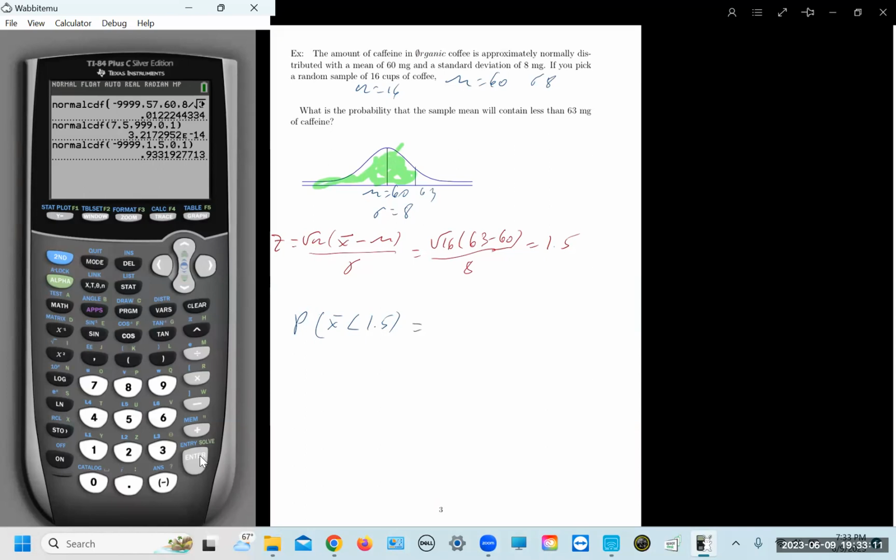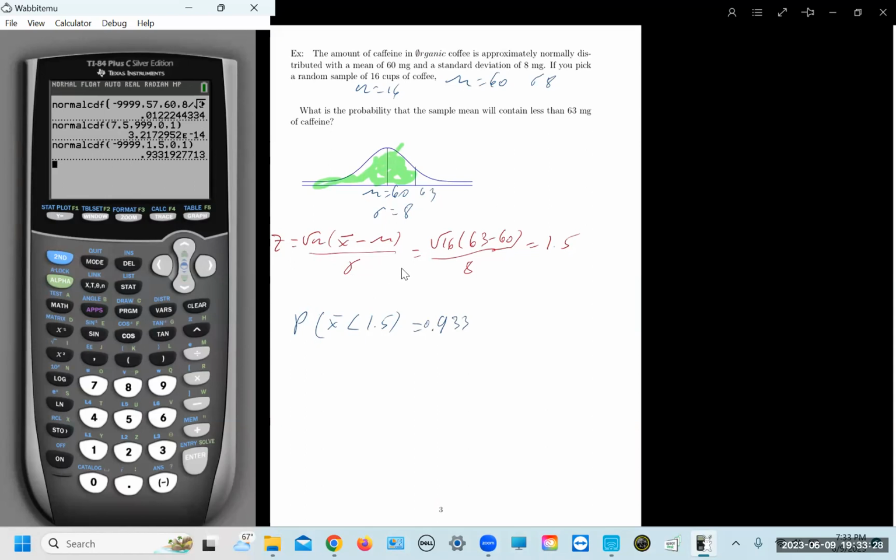So we have 0.933. Or without the Z, we can do another one too.